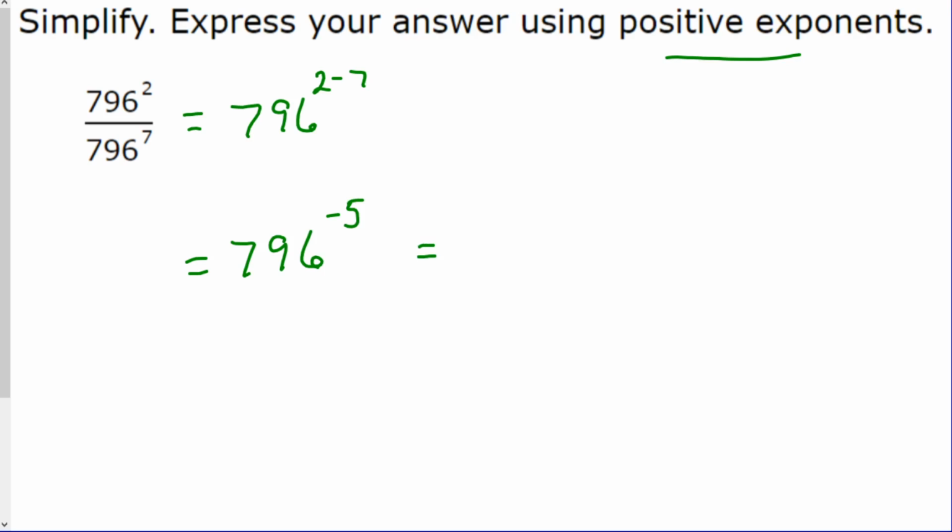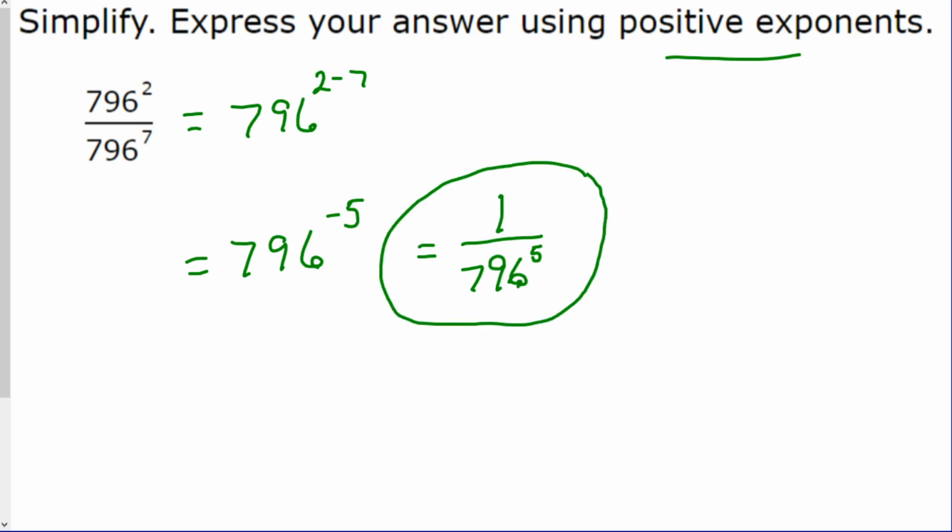We're going to flip that over, just because of the negative exponent, and then the exponent becomes positive. As a reminder, notice that the base doesn't change. The sign of the base will never change because of this, just because of the exponent. So be very careful there. So now we have our positive exponent and we have our answer.